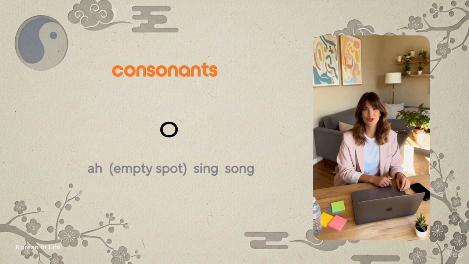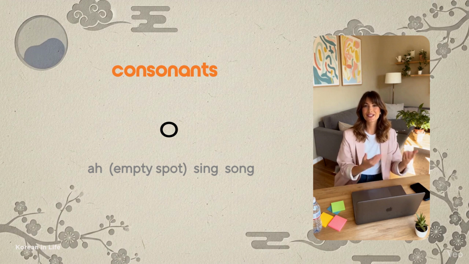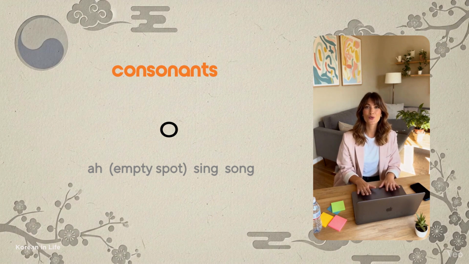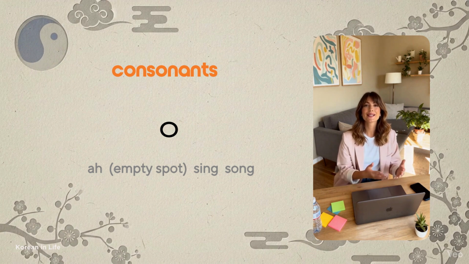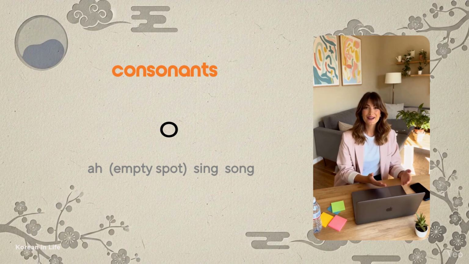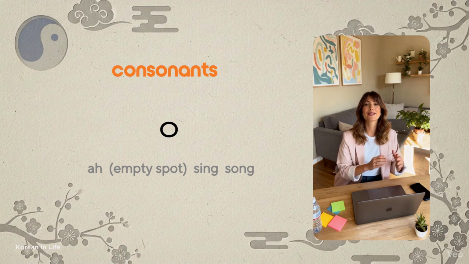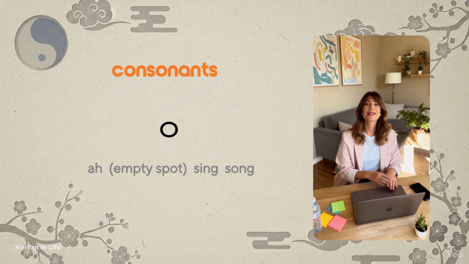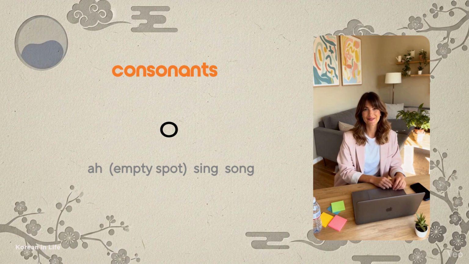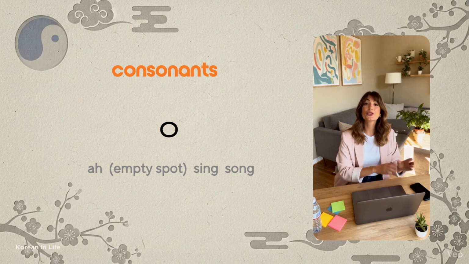It makes no sound at all. Why? Because a Korean block must always start with a consonant. If you just want to make a vowel sound, like ah, you place this Ieung in the empty spot. So, ah is pronounced ah. It is not nga.